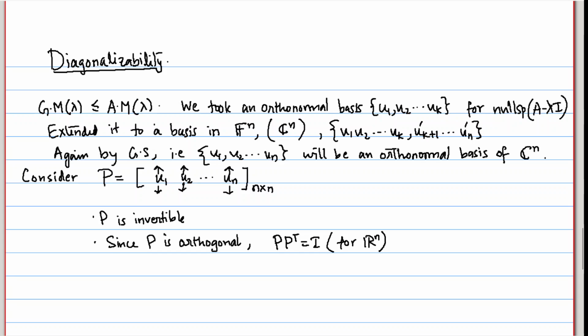For Cn, you have P times P star equals I, where P star is the conjugate transpose. That means, dealing with Cn for now, though we can do it with Rn also, this implies P inverse is P transpose.